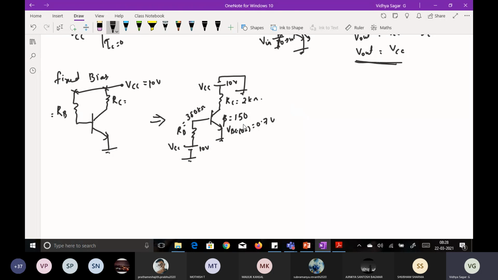Fine. So to find your input current, I'm going to write a loop in this fashion. It will be VCC minus IB RB minus this potential VBE equal to 0. Loop 1. Clear?